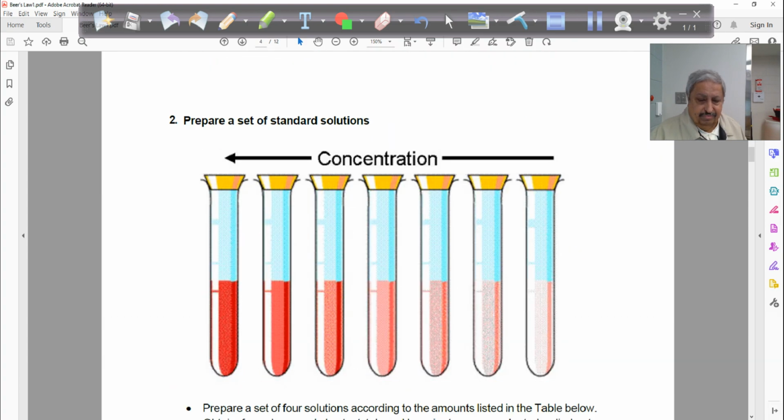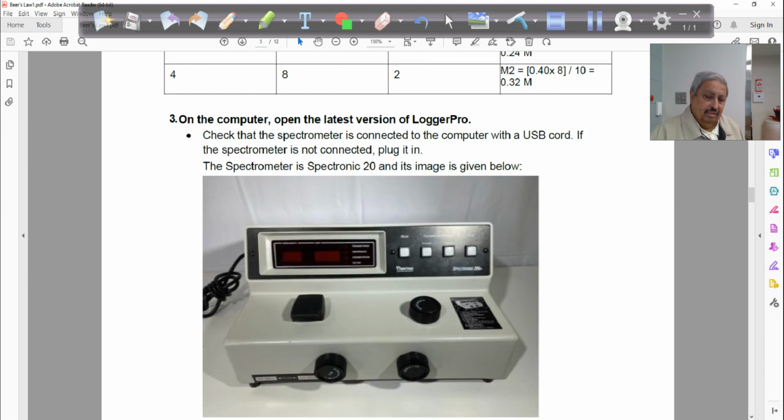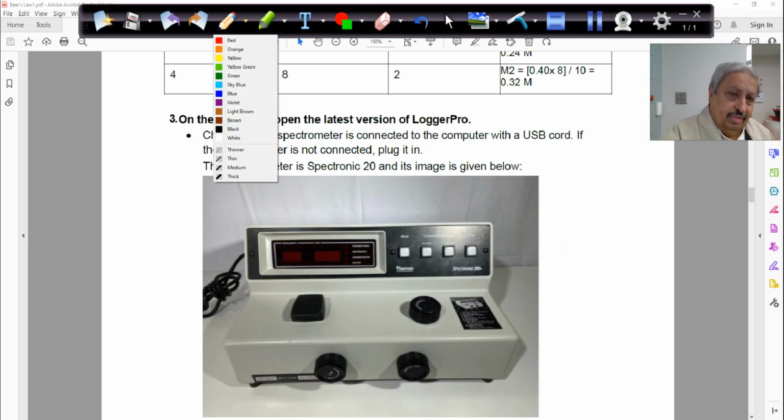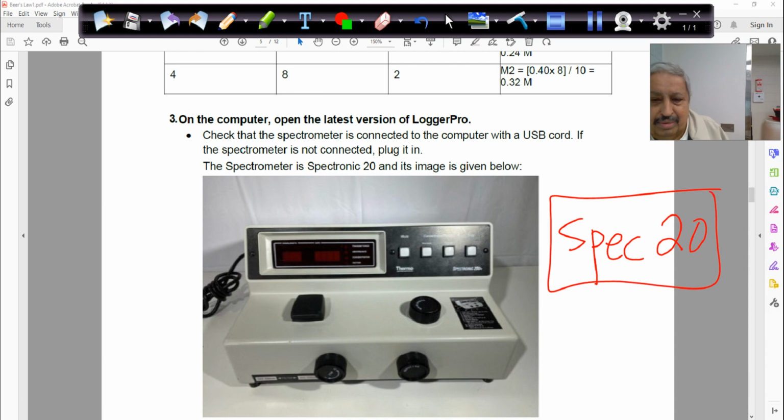It's a very bulky, heavy equipment, and it is mechanical. This one here is called spectrophotometer 20, abbreviated as spec 20, instead of the long word spectrophotometer. So the word spec 20 means spectrophotometer.